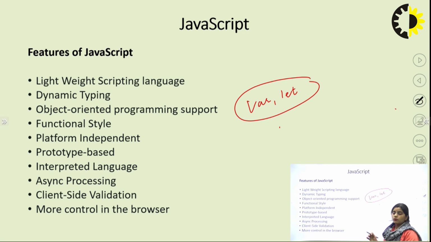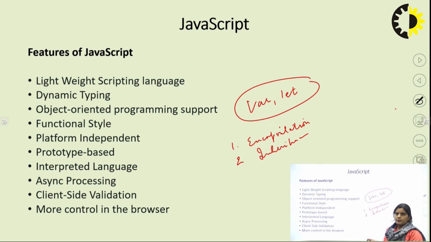Basically we don't define any data type for a particular declaration. We only use some keywords for the variable declaration. The third one is object oriented programming support. Just like Java supports the basic OOPS concepts, JavaScript also focuses on two OOPS concepts.